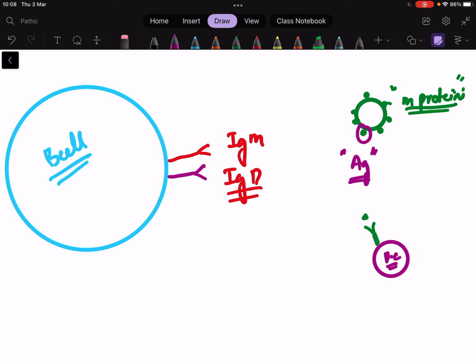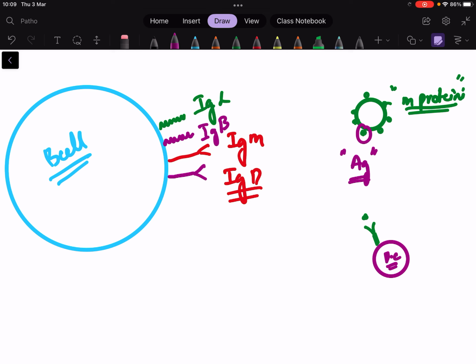Not only that, they also contain special types of proteins, and these proteins are your immunoglobulin alpha, and this is your immunoglobulin beta. These are the other proteins present on the B cell receptor.